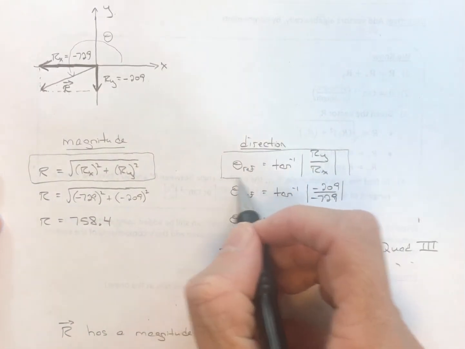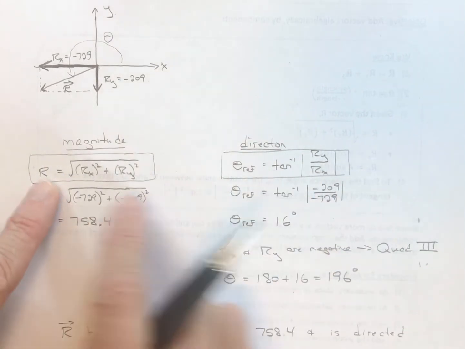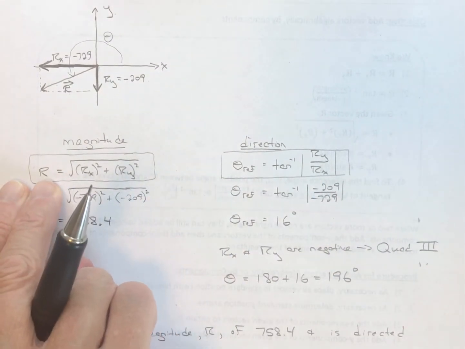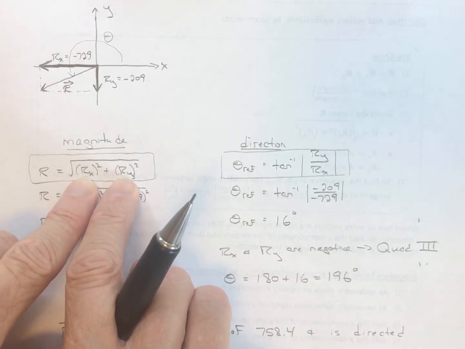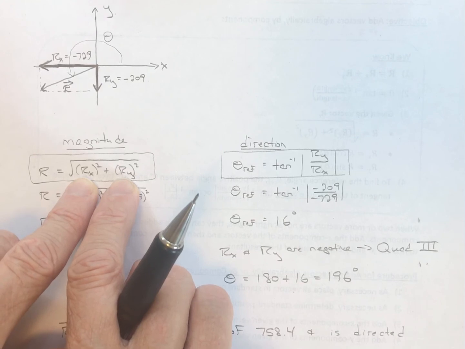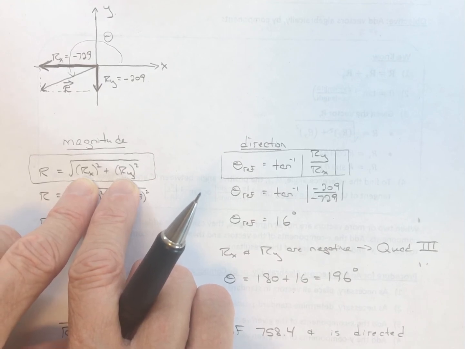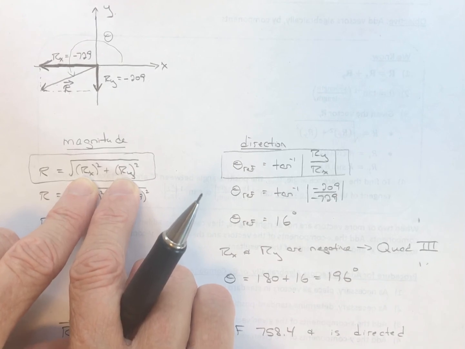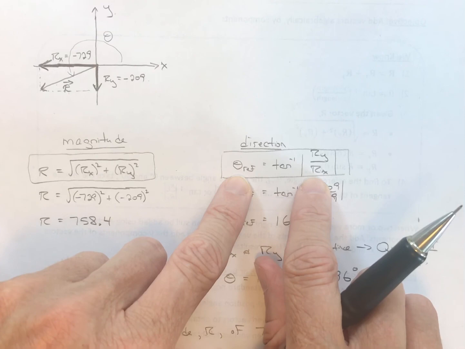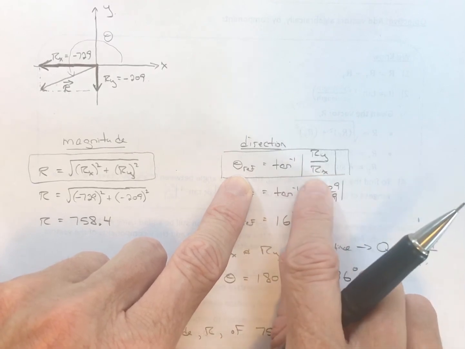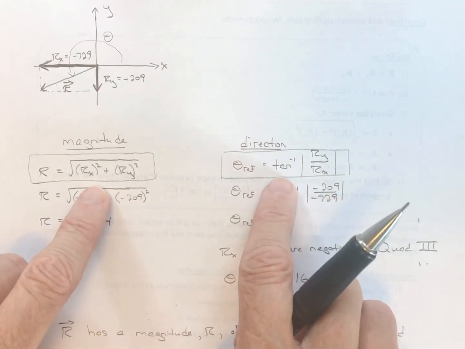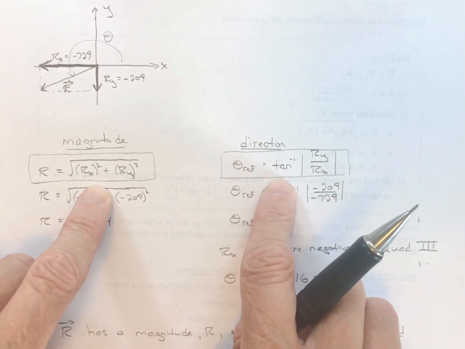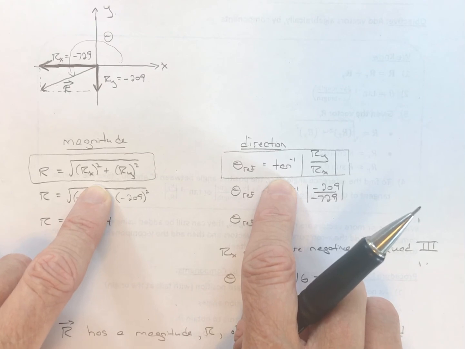We kind of came up with in this video lecture that the magnitude of the resultant vector is equal to, we use the Pythagorean theorem, the square root of the sum of the legs squared, r sub x and r sub y, its components squared, excuse me, and that the reference angle is the inverse tangent of the absolute value of the y component divided by the x component. So put some boxes around those. We'll be making use of those in our next video lecture.